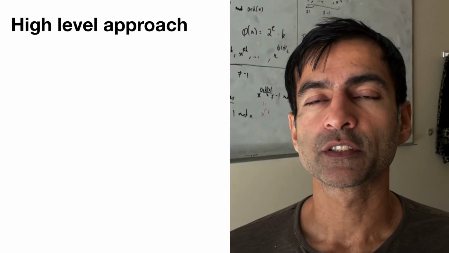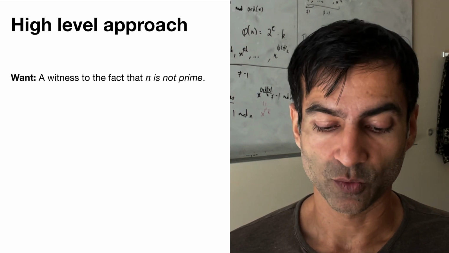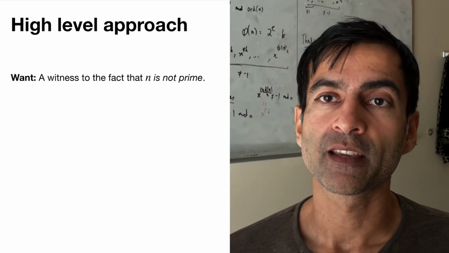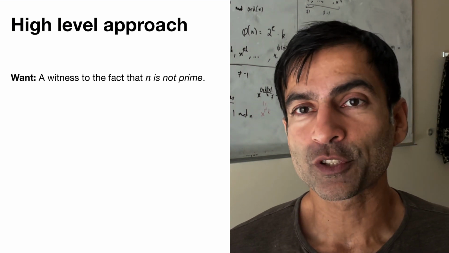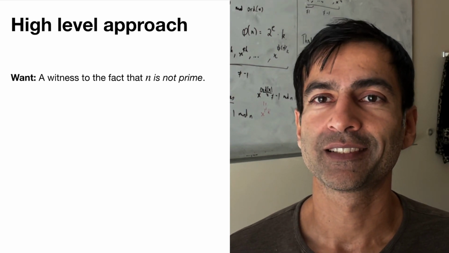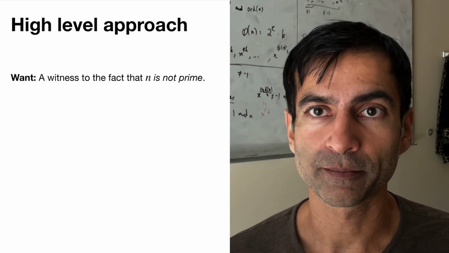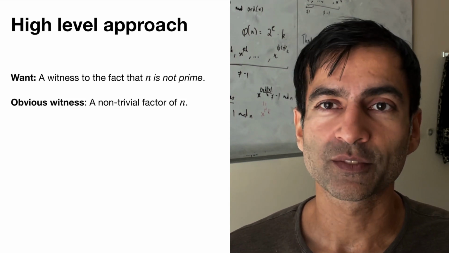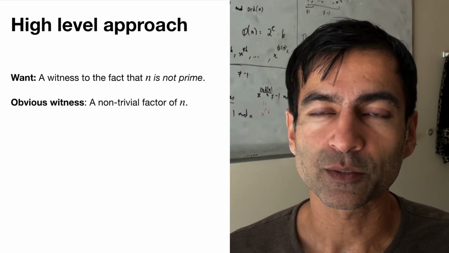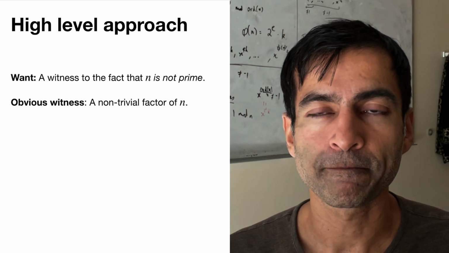So at a very high level, the approach we're going to pursue is we're going to try and find a nice witness to the fact that n is not prime. Now, any algorithm for factoring n must inherently, ultimately compute a witness that shows that n is not prime when n is not prime. So an obvious witness here is the factors of n. But that's not a nice witness because it's not easy to find the factors, at least not directly.